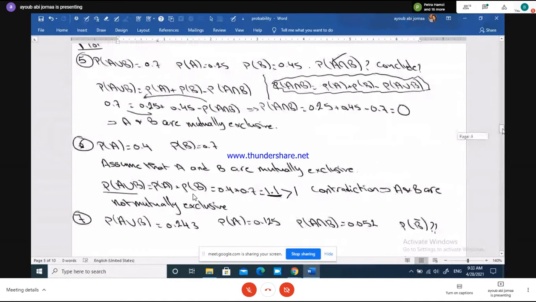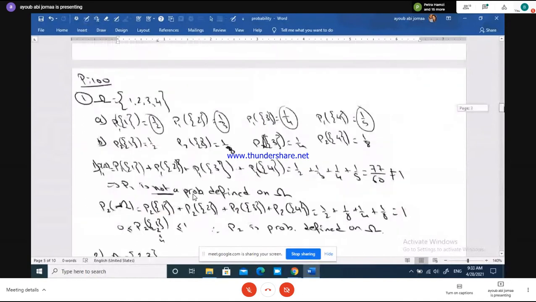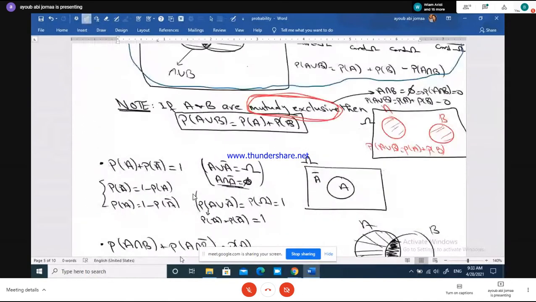Probability of A bar, it is 1 minus probability of A. Probability of the complement, it is 1 minus the probability of the event. And similarly here, probability of the event, it is 1 minus probability of the complement. So if you have probability of B, simply you can find probability of B bar.